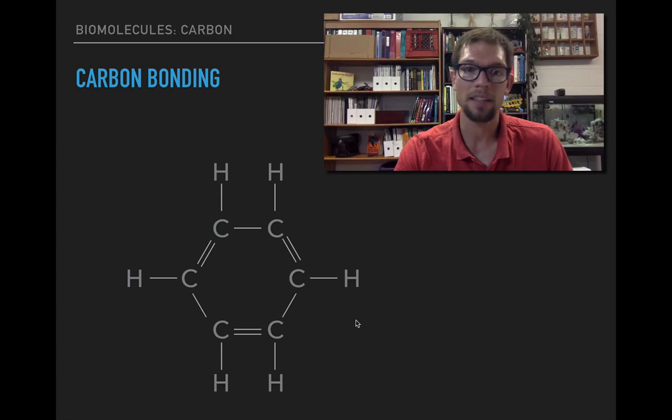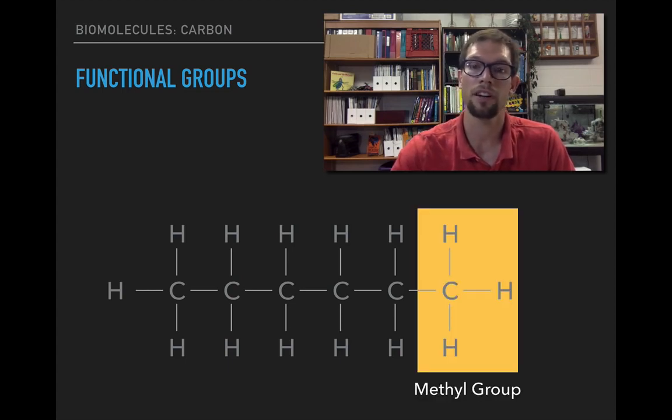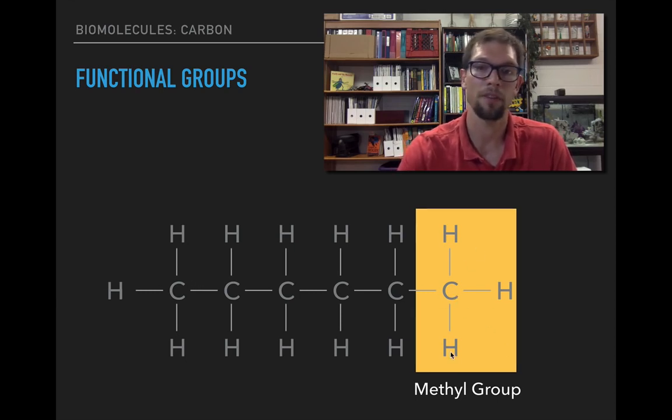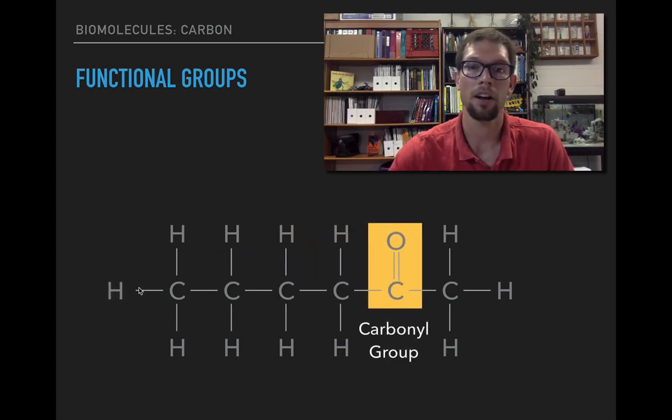Now, what makes the different molecules different from each other isn't the carbons per se, but the different groups that come off from it. So you can have functional groups such as the methyl group shown over here, which is a carbon with 3 hydrogens coming off from it. You can have hydroxyl groups, so a carbon can be bonded to an OH group, which is known as a hydroxyl group. You can have a carbonyl group.